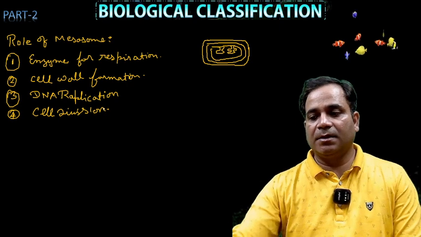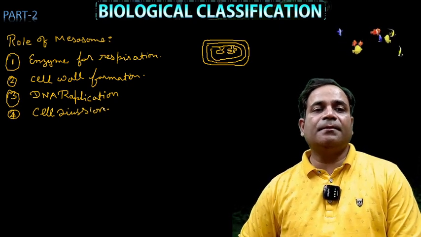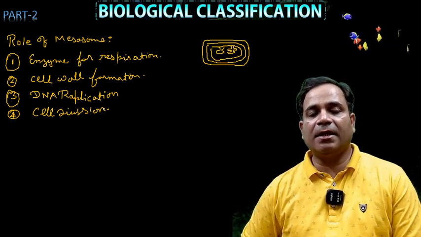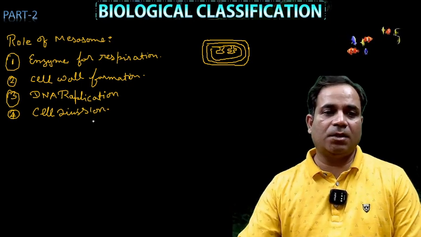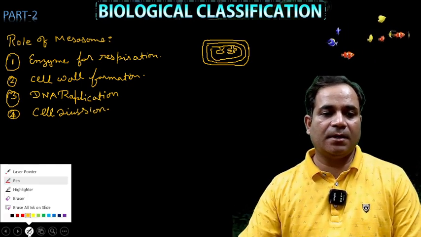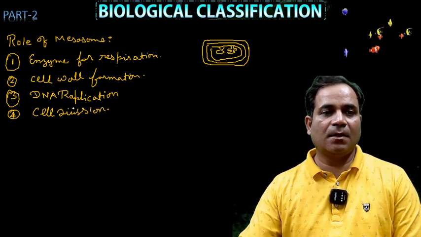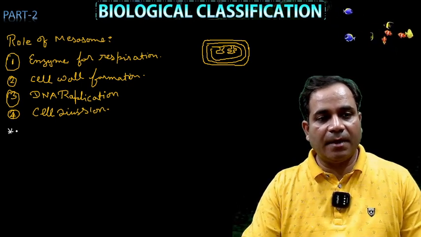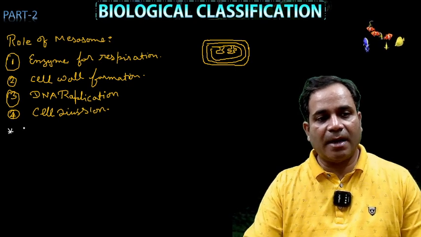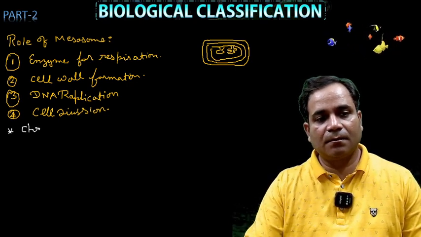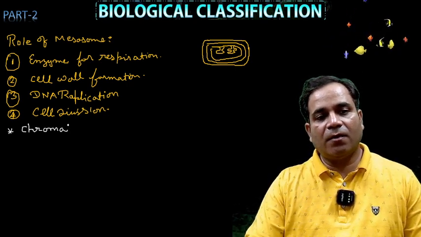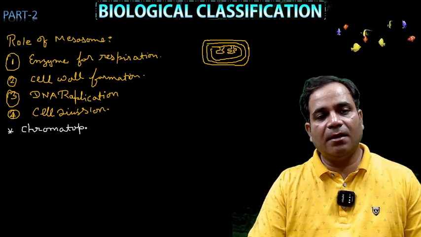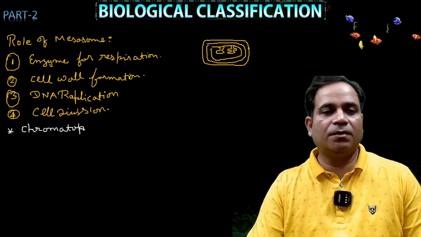So now some bacteria also contain chromatophore. Am I right? The diagram I already made in the previous slide. See here the chromatophore. Chromatophore is only present in blue-green bacteria.